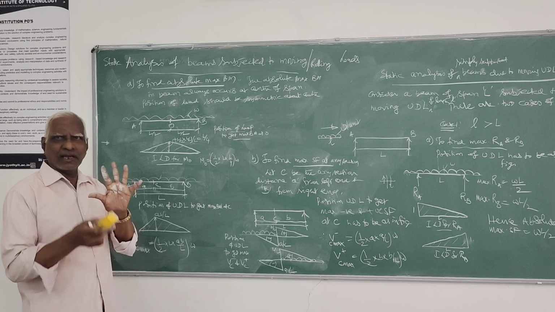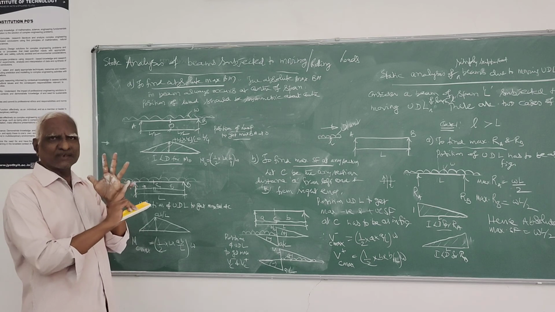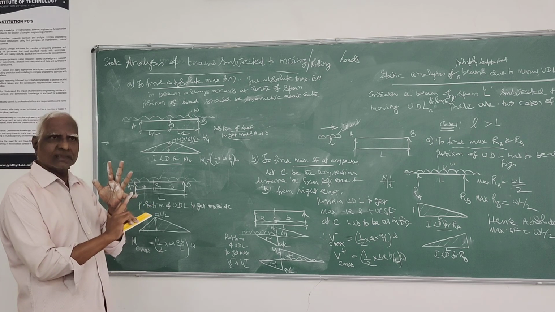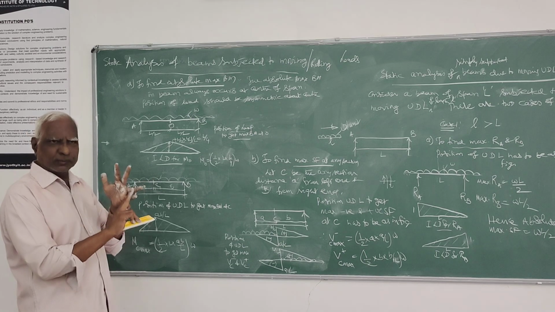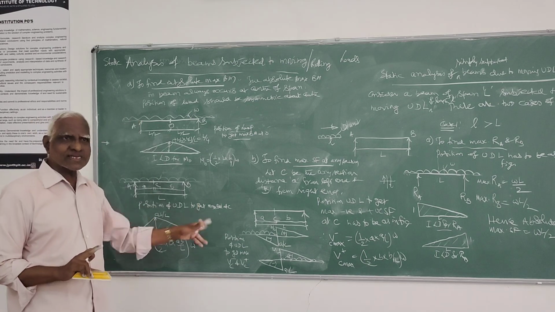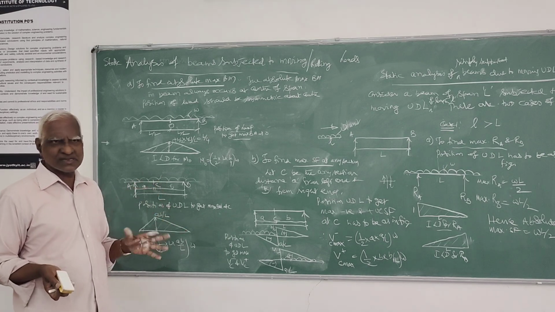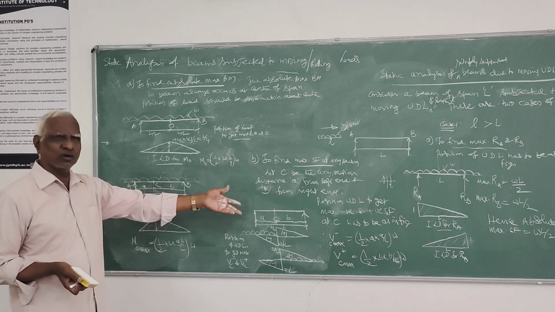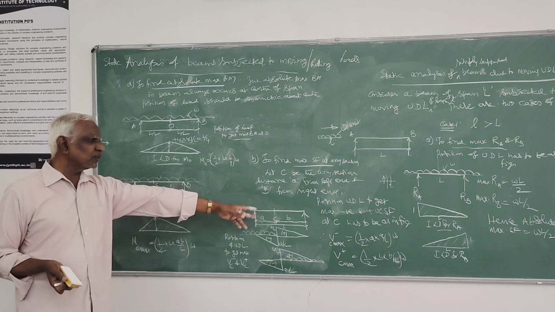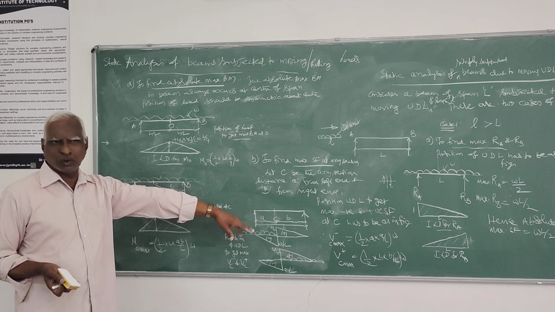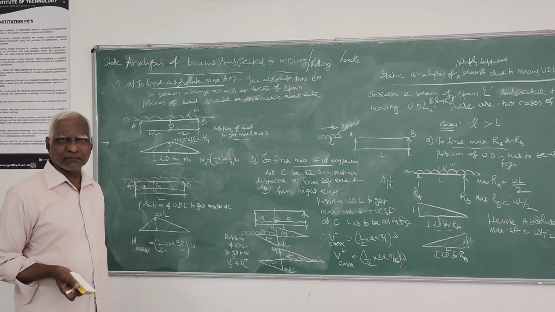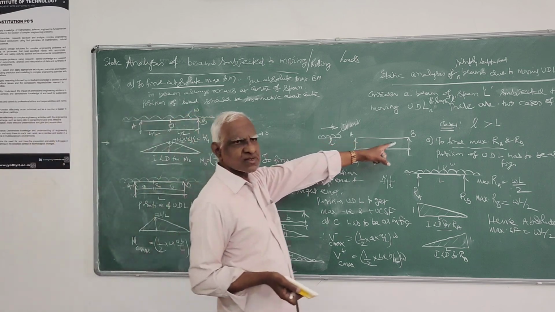Three things: absolute maximum shear force, that is support reaction, absolute maximum bending moment, and at any section, what is the maximum bending moment? These are the three things which you have to take, three or four if you count. Shear force you have negative and positive both, so both you have to get. So this is case 1.